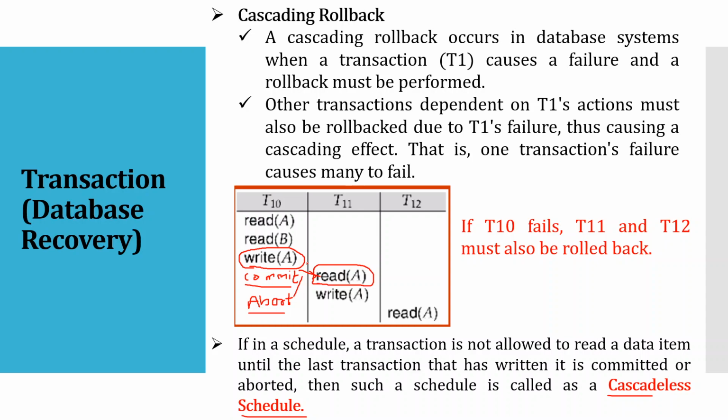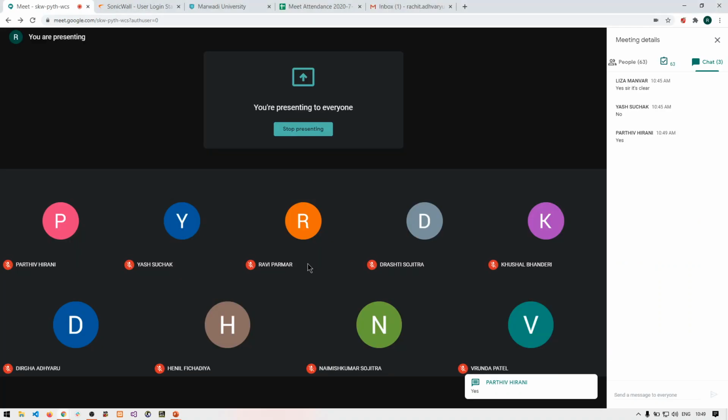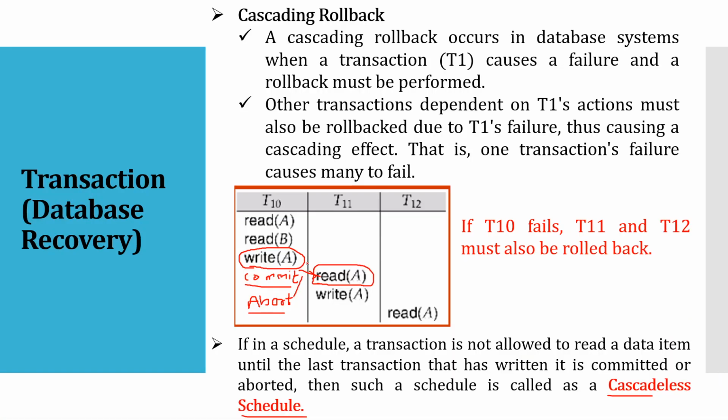Fine. So this is all about recovery: cascading rollback, or using a cascadeless schedule. Very quickly I am repeating, cascading rollback means if one transaction fails and if there are some transactions depending on that, then all the transactions must fail and roll back.